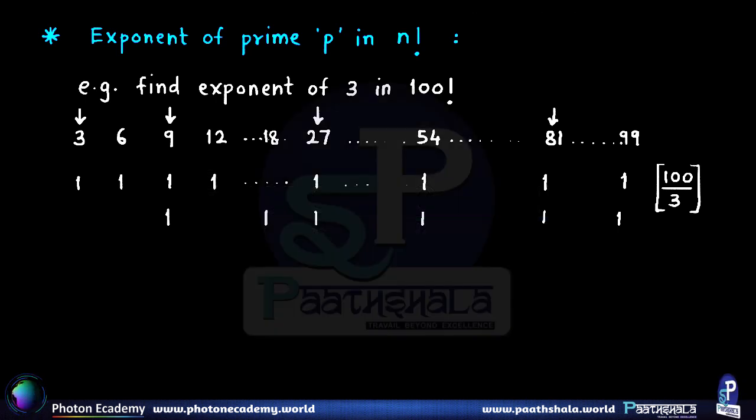Now to find out how many such numbers there are between 1 to 100 which are divisible by 9, that is given by the greatest integer of 100 upon 9.